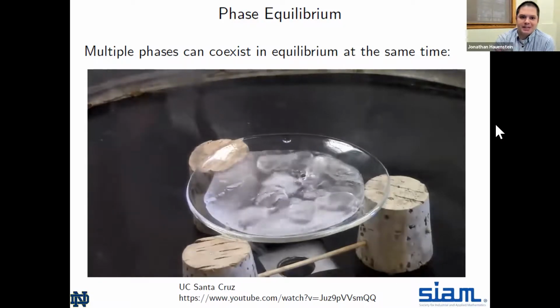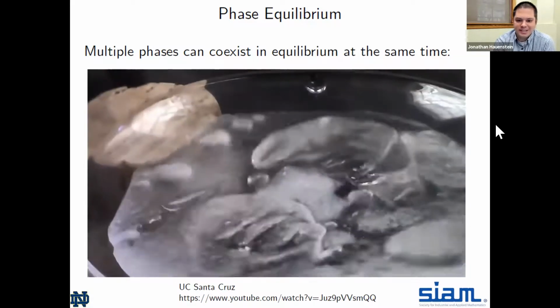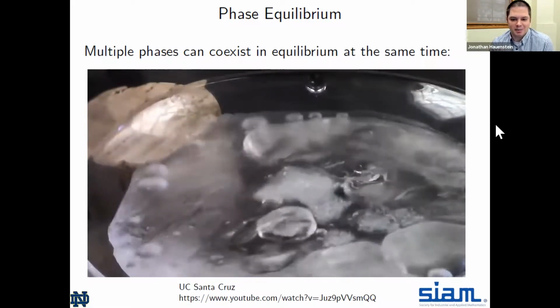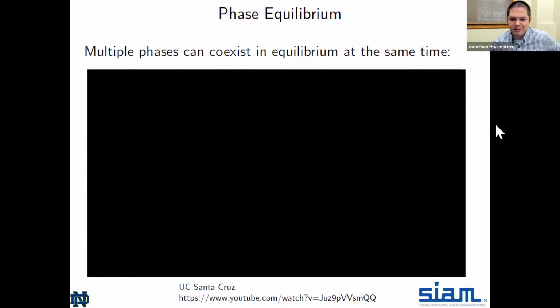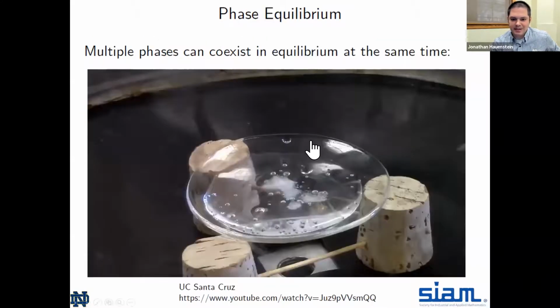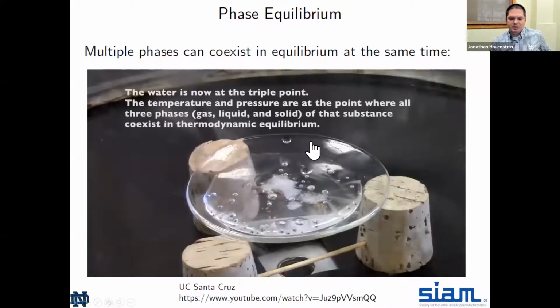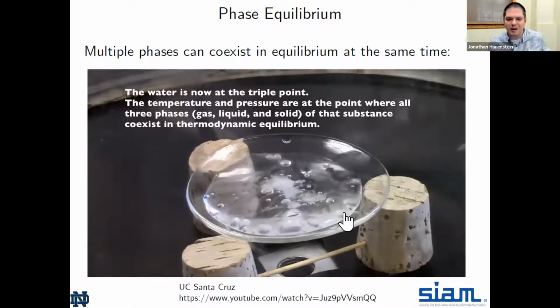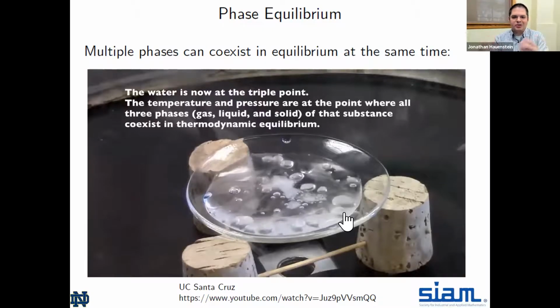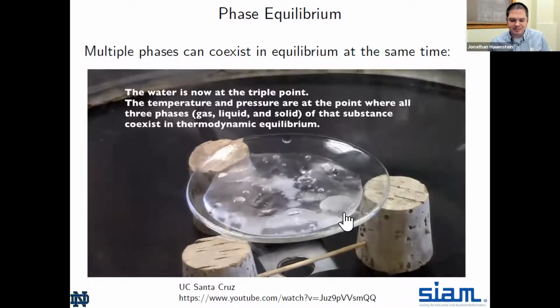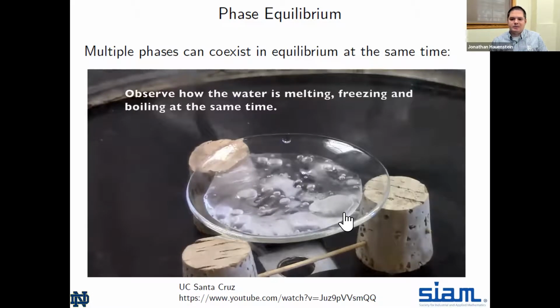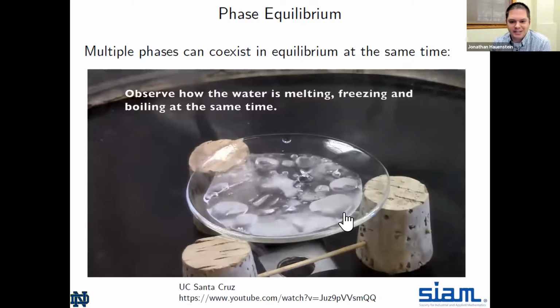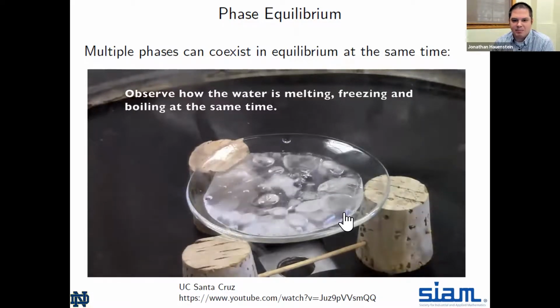So it's melting, boiling, and freezing all exactly at the same point. Ice is growing as well as melting, and bubbles are forming, which is the water vapor, all in this thermodynamic equilibrium. So we have all of these three phases existing at the same point.